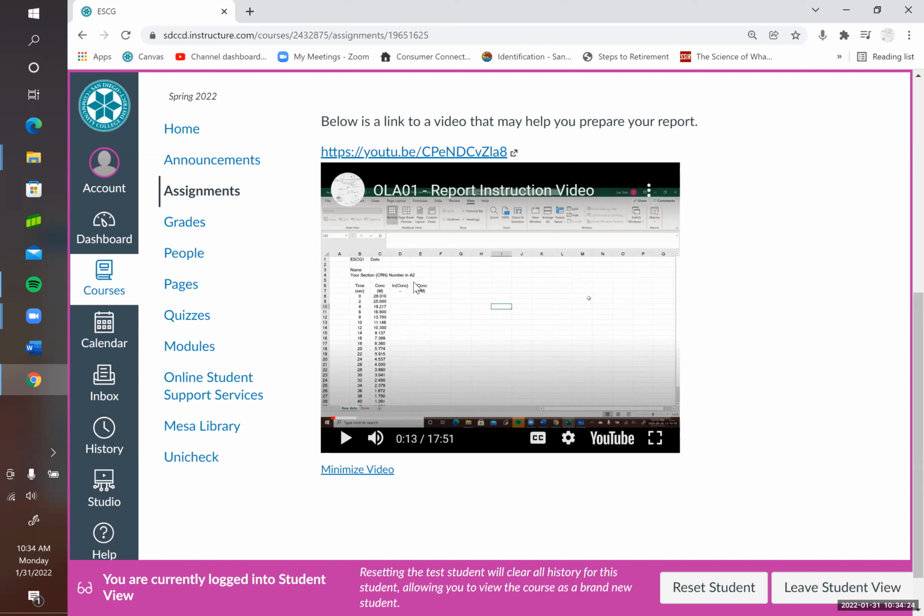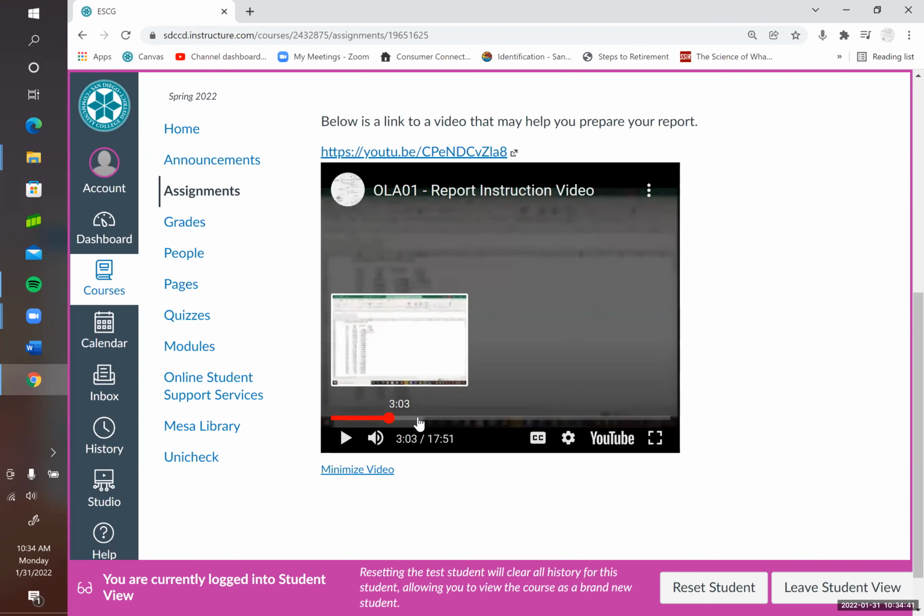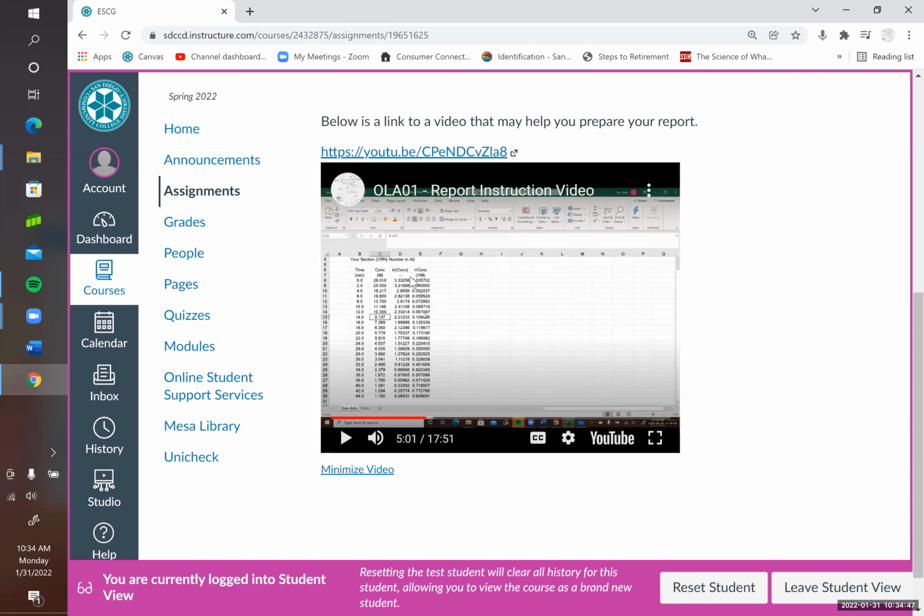You're going to need to open up this report and this file, sorry, to start your report after you go through the tutorial. And that might be a good time to take a look at this video, because I go through in this video in some detail on how to generate those columns.